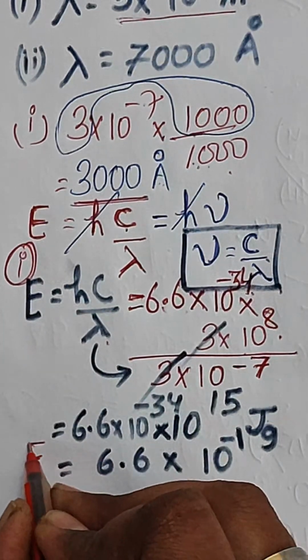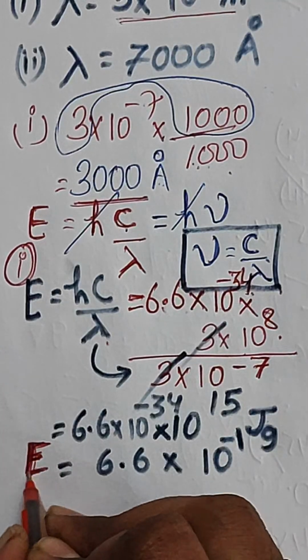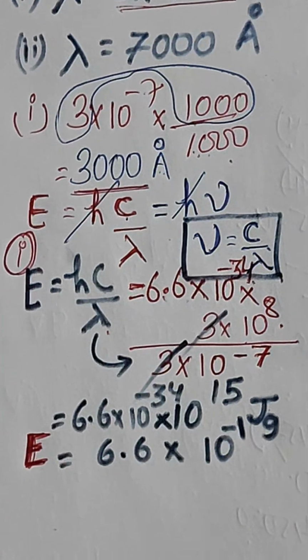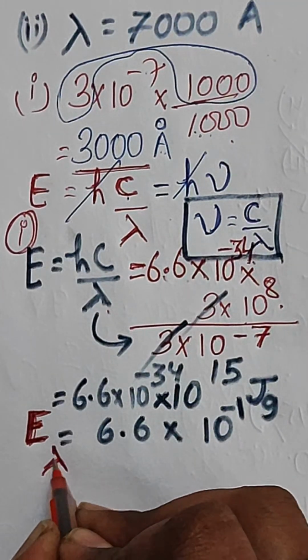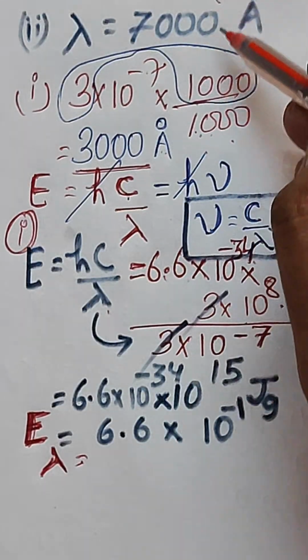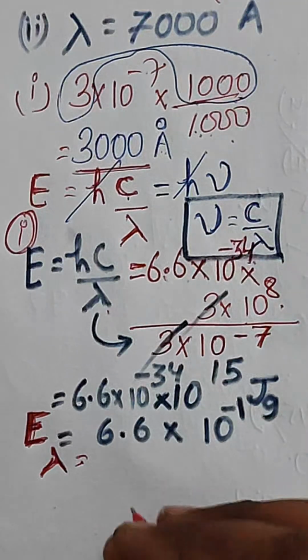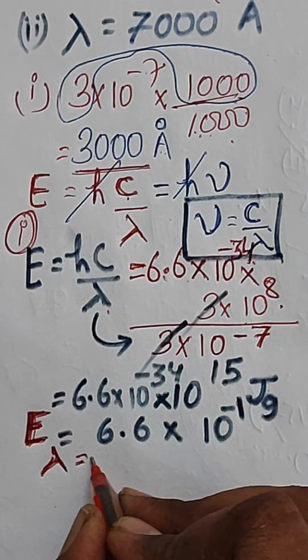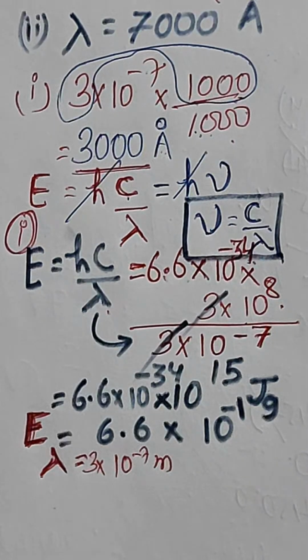This is the energy of the wavelength lambda, where lambda is 3 into 10 power minus 7 meter.